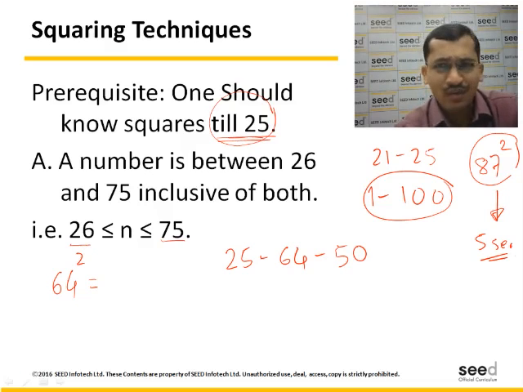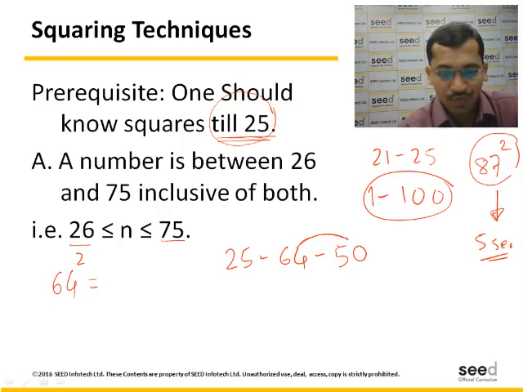The meaning is very simple, you will understand it immediately. The first thing you have to do is take the difference and square it. So take the difference of the number and 50. 64 and 50, the difference is 14, square it, that is 196.